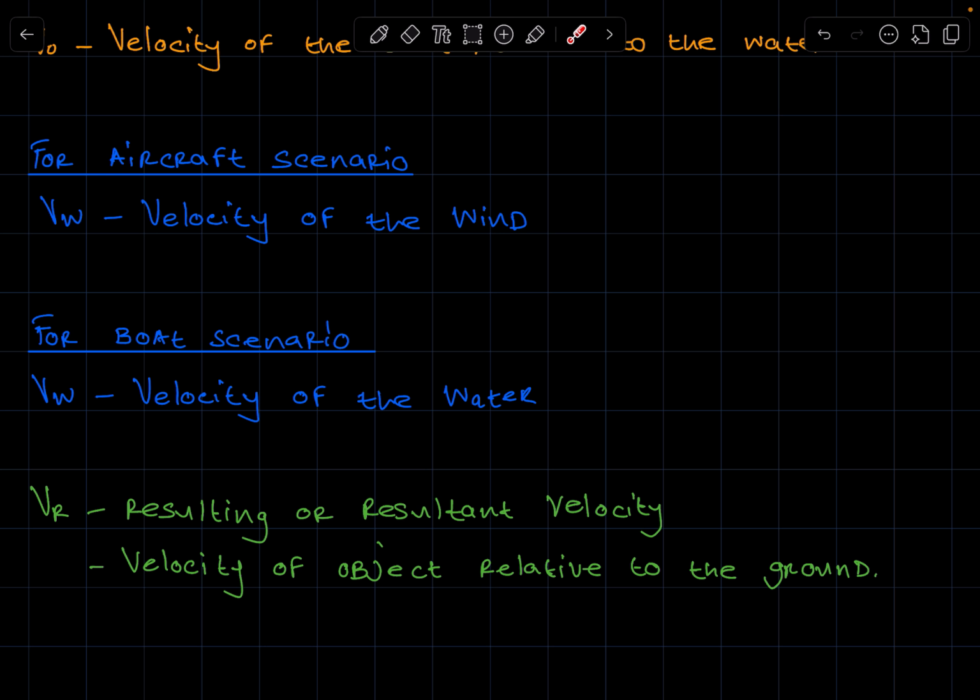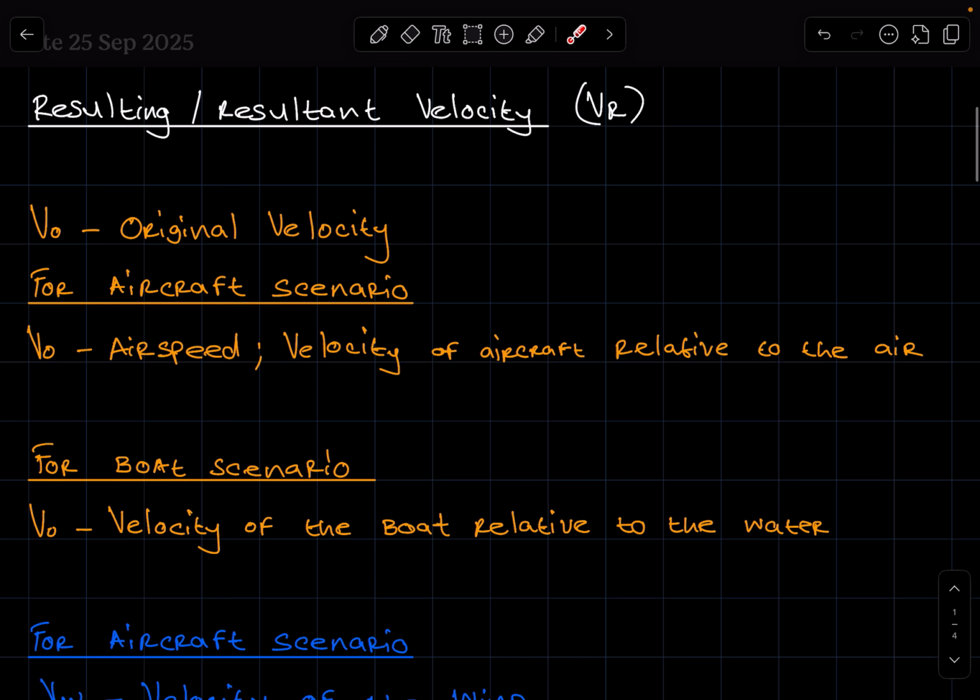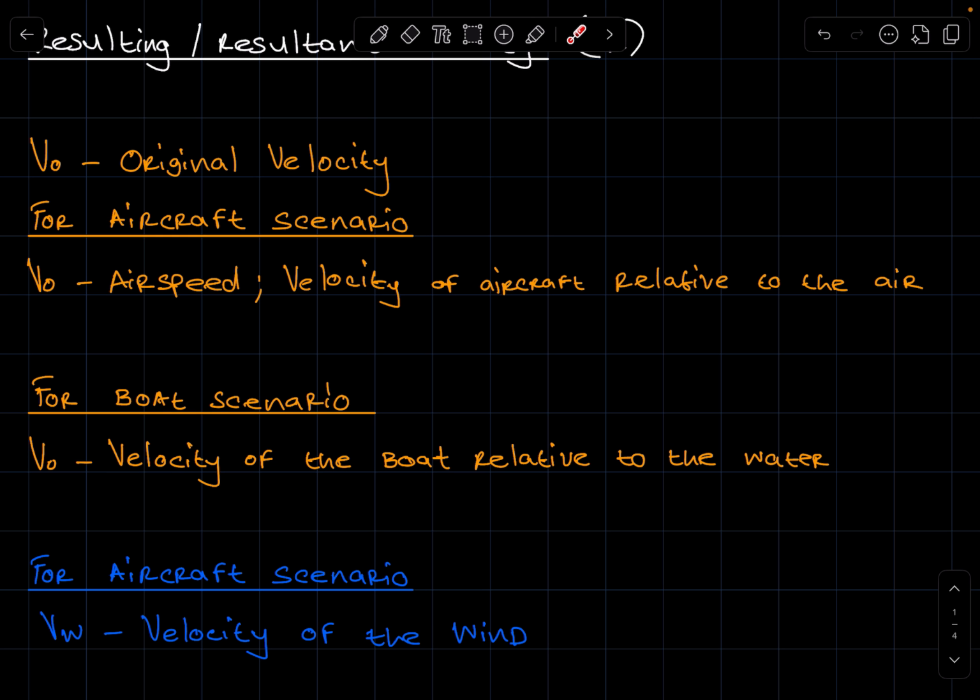So if you've been given a velocity that is relative to the ground, or you've been asked to calculate a velocity relative to the ground, then you should know that it relates to the resultant or resulting velocity.